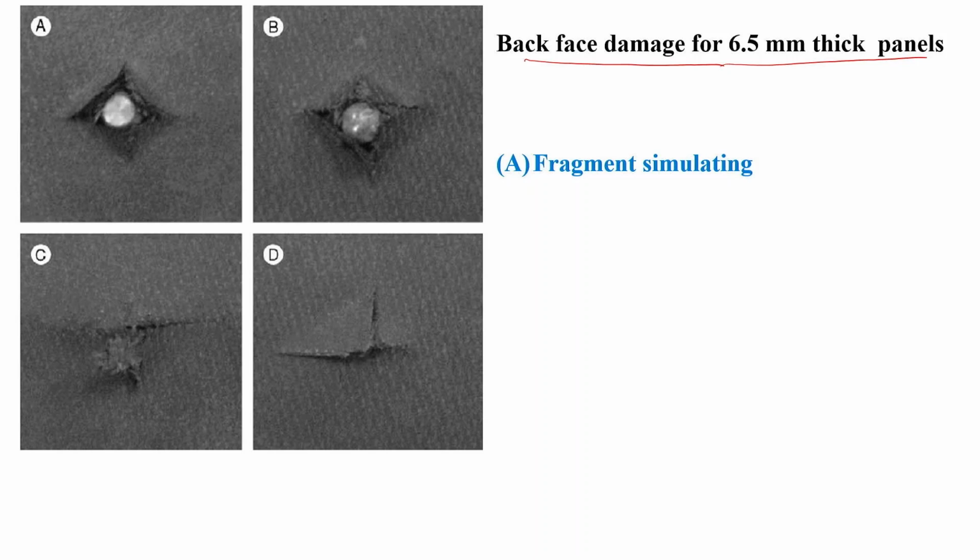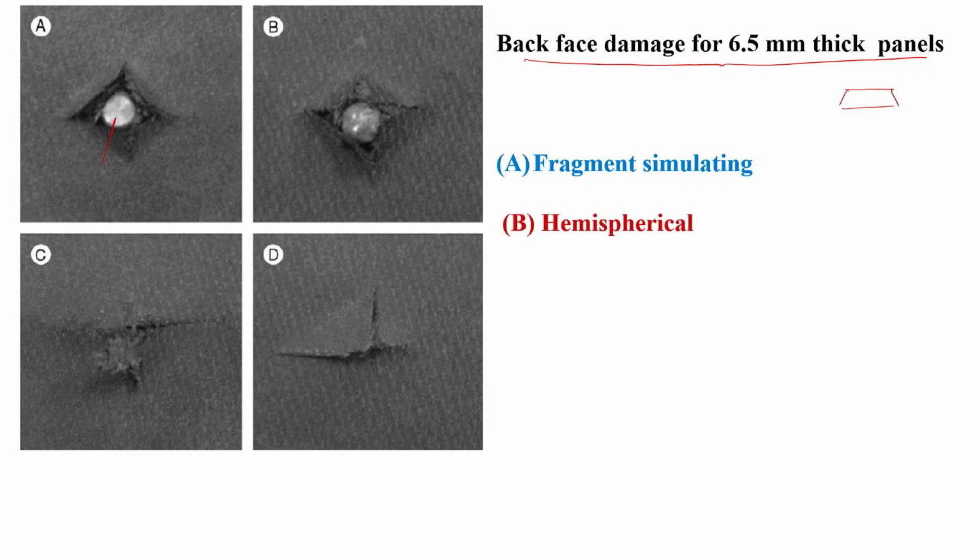We have produced two different panels, and you can see the damage with this type of shape at the tip, and we are looking from the back face. So, at the back face this type of damage will be there with 6.5 millimeter thickness.